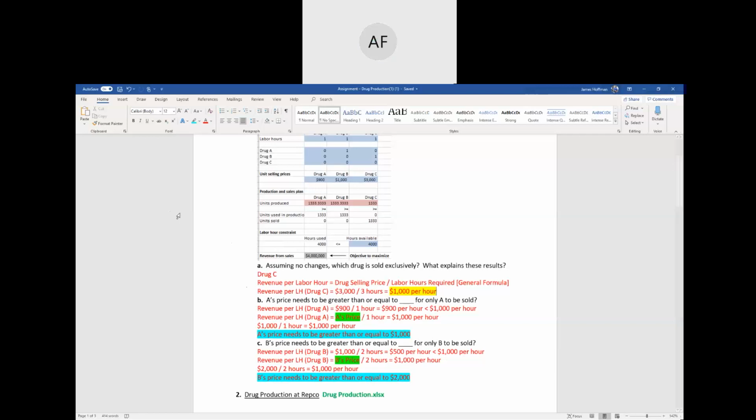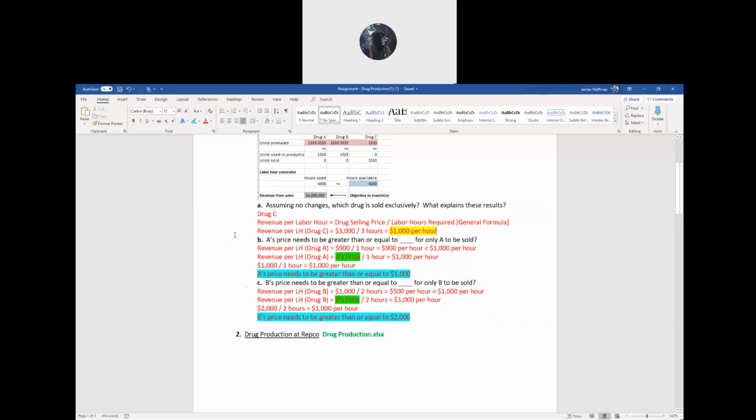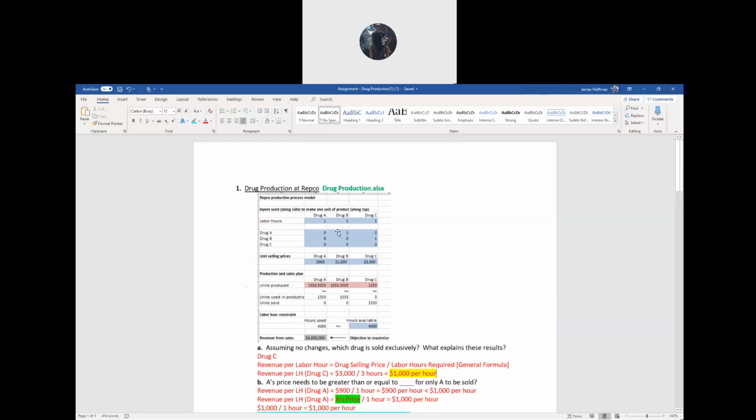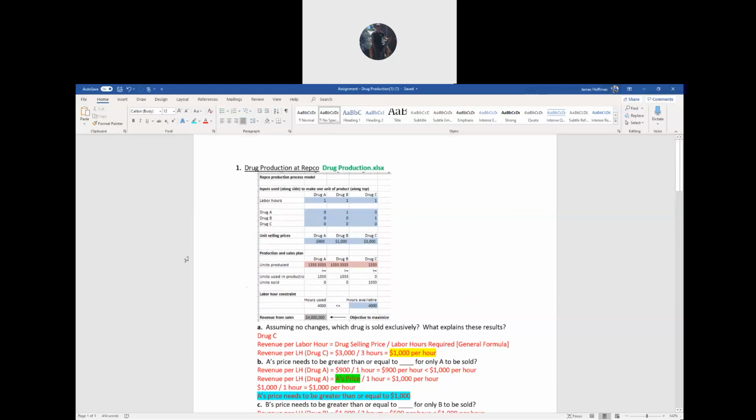All right. So you'll see that probably the most difficult thing, once the hours start adding up, is figuring out the exact labor hours that go into each drug, but the rest of it's pretty much the same.